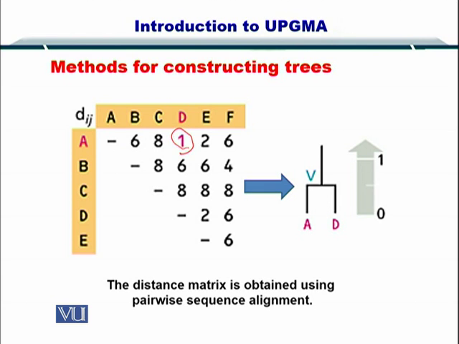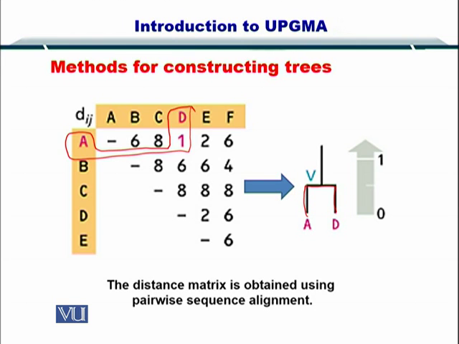The next closest is A and E because their distance is 2. Similarly, D and E also have a distance of 2. But we have to consider the smallest distance, so A and D are selected. Next, we make a tree like this.